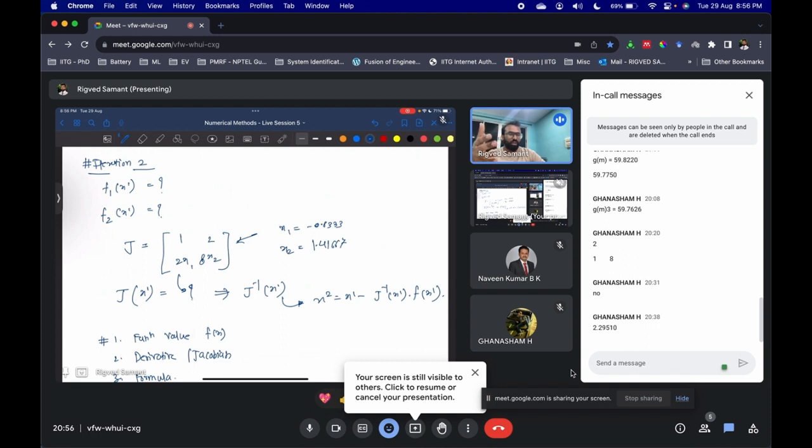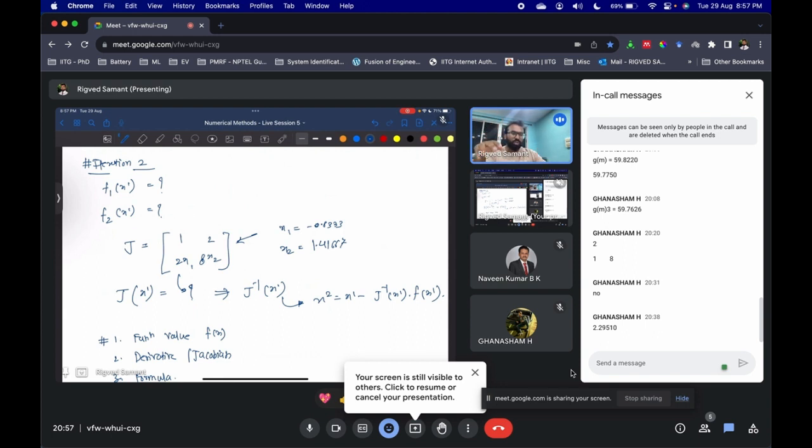If you are given an initial guess, you will use that. If you are not given an initial guess, you will find the value of the function and see where the change of sign is, and that will be your interval. In case of fixed point iteration, you have to check whether the function will converge or not, because it can also diverge if the equation you considered is not correct. So how to check that? We will first rewrite it in the form of g of x.